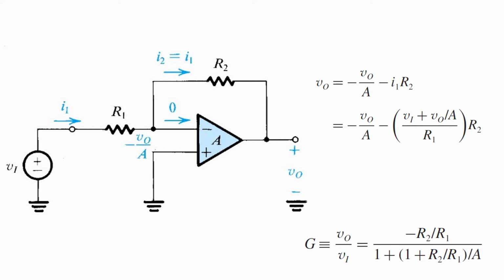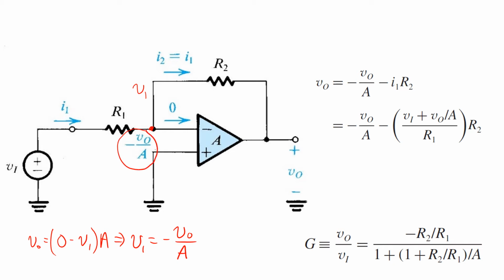So we must now find the voltage at this node V1. We can't simply assume it's a virtual ground. Well, V1 can be written in terms of the output. Since VO is 0 minus V1 times A, we can rearrange that to say that V1 is negative VO over A. And that's what's written here.